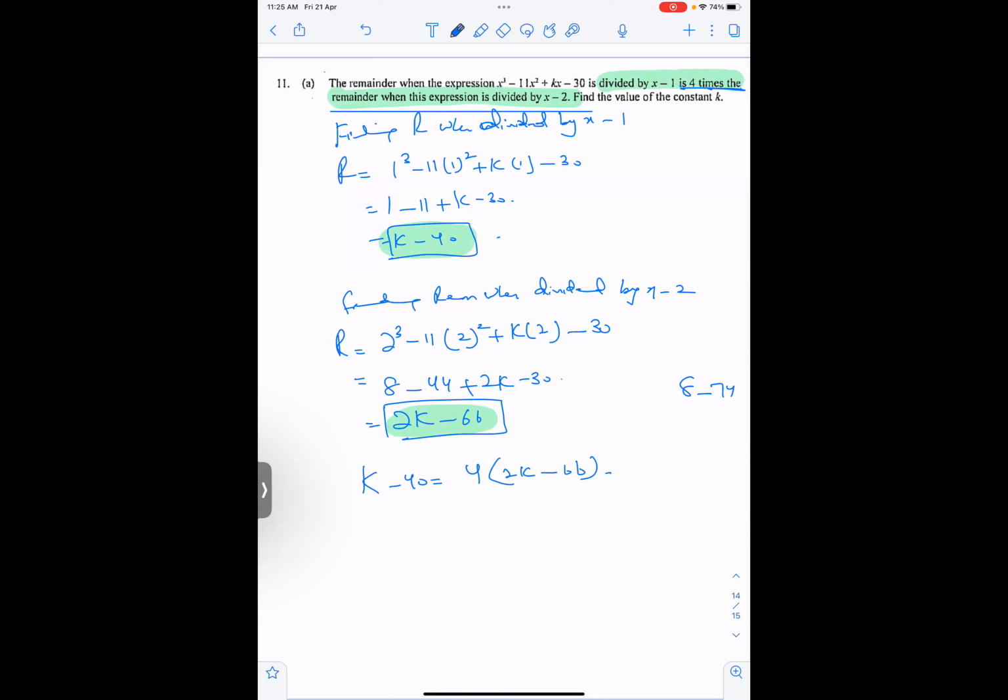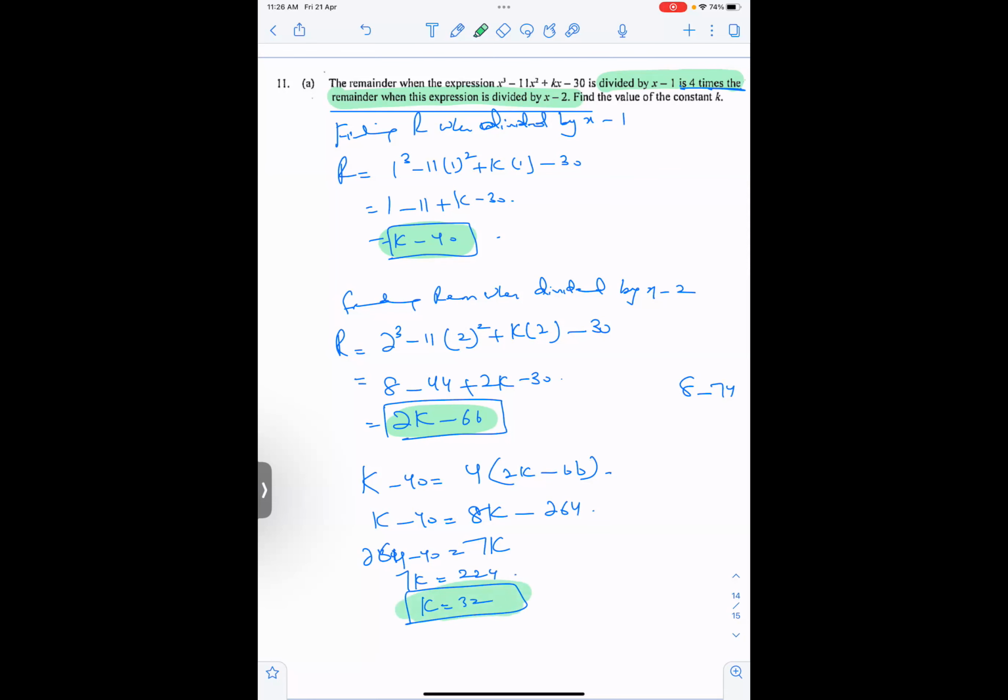Simplify and you'll get the value of k. k minus 40 equals 4 into 2k minus 66, which is 8k minus 264. So 7k equals 264 minus 40, which is 224. 7k equals 224. 224 divided by 7 is 32. So the value of k is 32. This is what we had to find out. Is this clear?